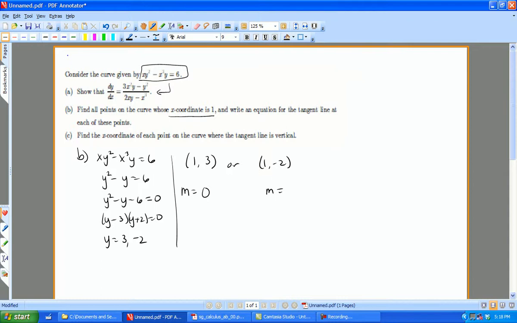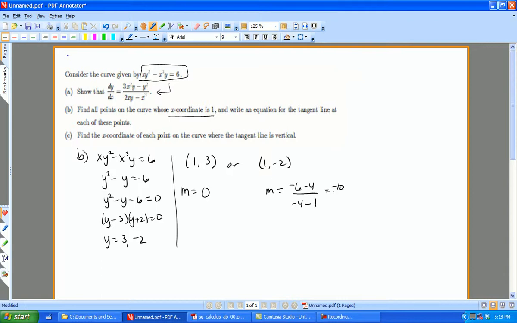When I plug in (1, -2), I get 3 times 1 times negative 2 is negative 6, minus negative 2 squared, which is 4. So I believe I get negative 6 minus 4 over 2 times 1 is 2, times negative 2 is negative 4, minus 1 cubed. So negative 4 minus 1.